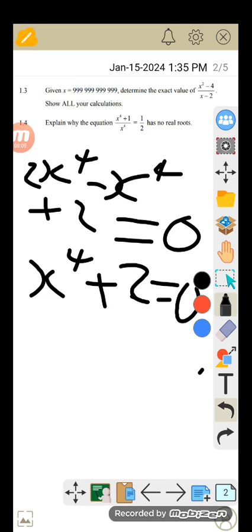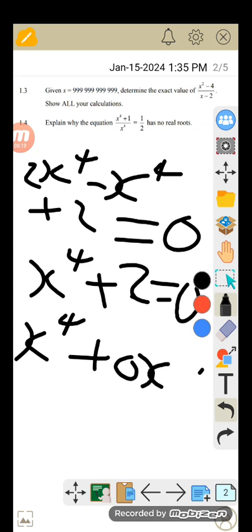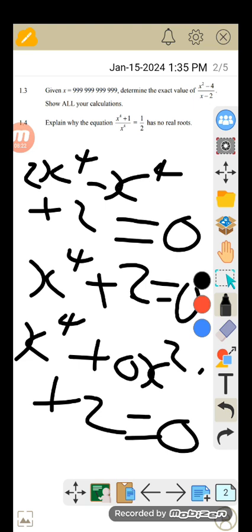You can just write it like this: x to the 4 plus 0x squared plus 2, and you have your quadratic. We cannot write delta without a quadratic equation. I just wrote 0x squared here because there is no other term that has x squared in it.